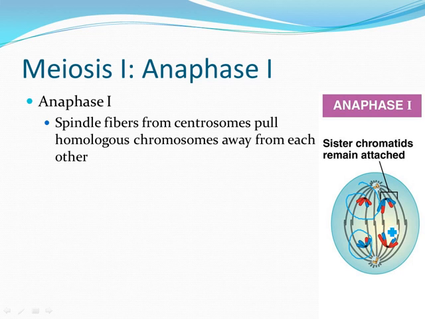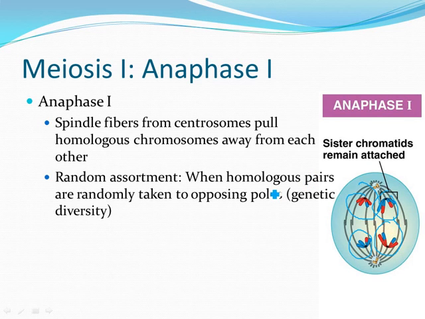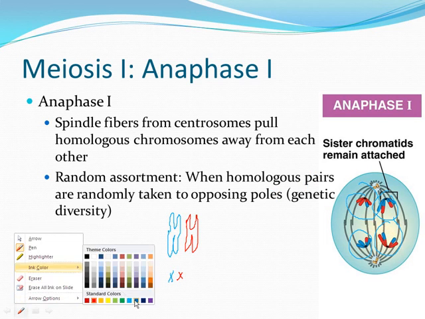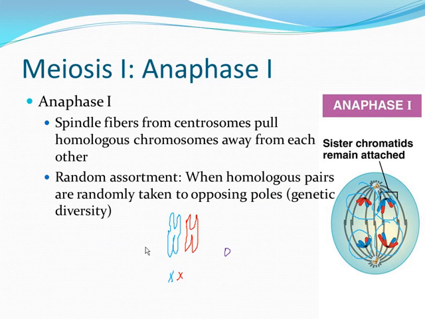Okay, so now these homologous chromosomes are getting pulled away. And this is where that random assortment, independent assortment occurs, where it's randomly getting pulled away, meaning that if we're saying this, and I'm going to draw another one here, and let me draw centrioles with this centrosome.